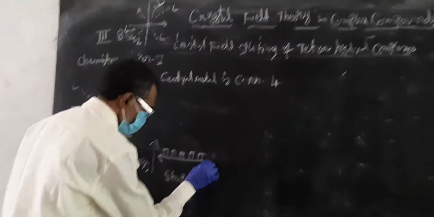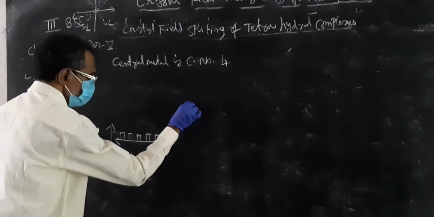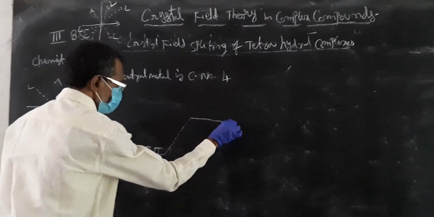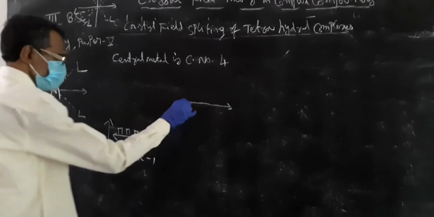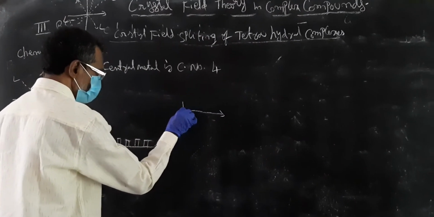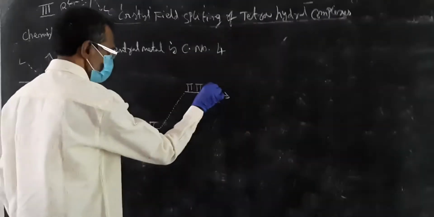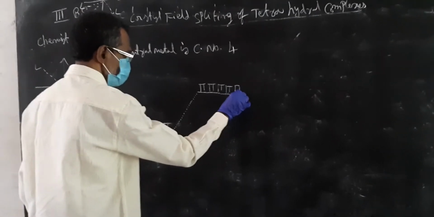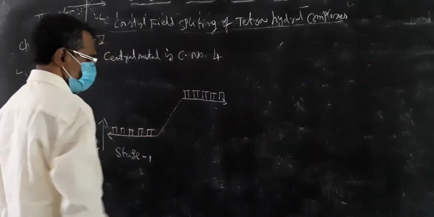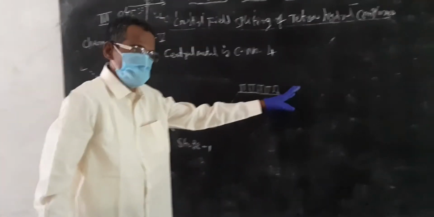Then in stage 2, the 5 d orbitals approach the electrical field.